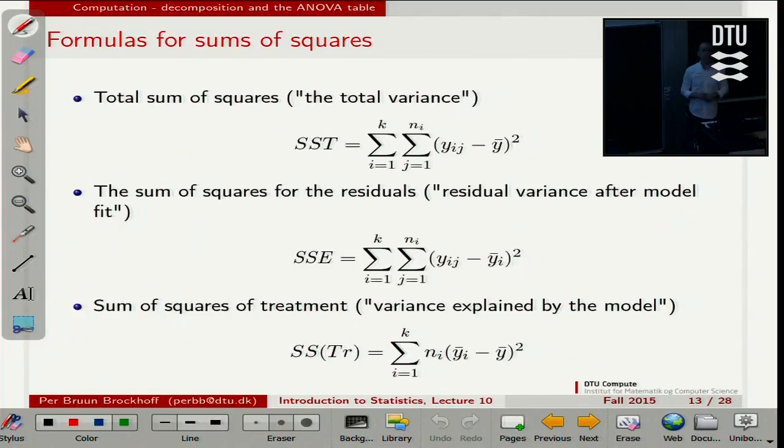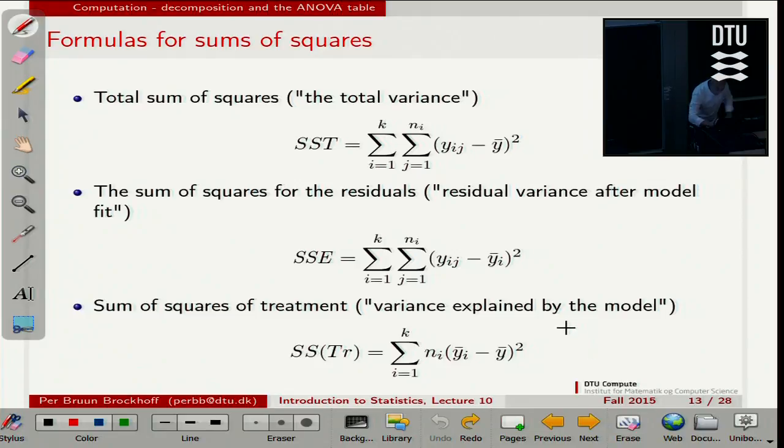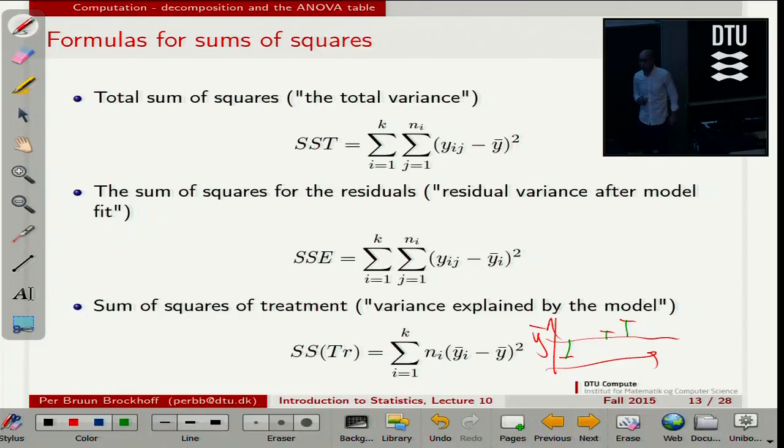And then finally, maybe the most interesting thing, namely the one that actually tells us how different, let's use the same colors, how different are, you have the overall mean, how different are the means, the individual means from the overall mean, right?